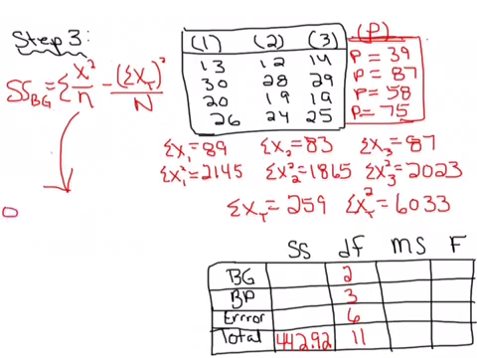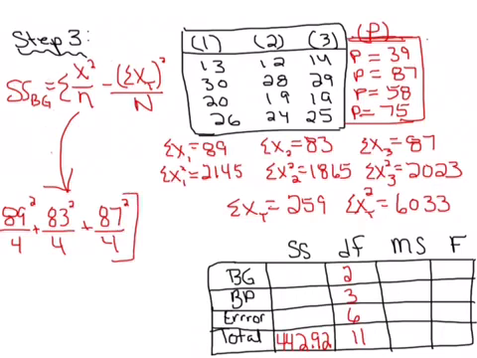So we're going to have 89 squared divided by 4 plus 83 squared divided by 4 plus 87 squared divided by 4. I'm going to take all of that, put little brackets around it because those get all added together for this portion, minus, again, our sum of x total, 259 squared divided by the total n, which is 12.